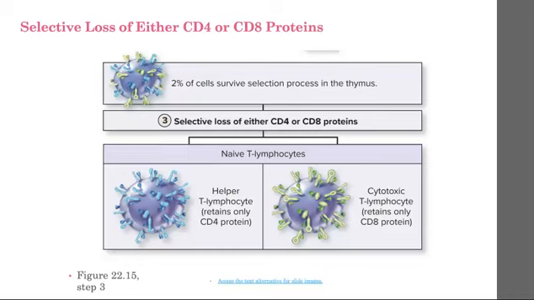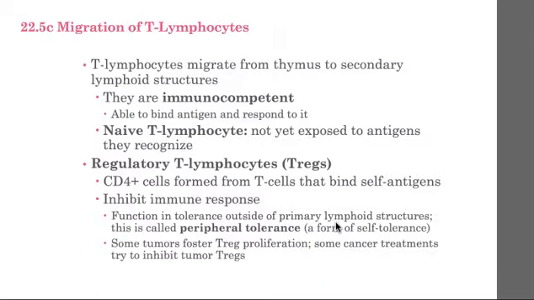And here is a selective loss of either the CD4 or CD8 protein. Like we said, we are only going to keep 2% of our T cells through the selection process. And when they're left, our helper T cells are going to have their CD4 proteins, and our cytotoxic T cells will keep their CD8 proteins.